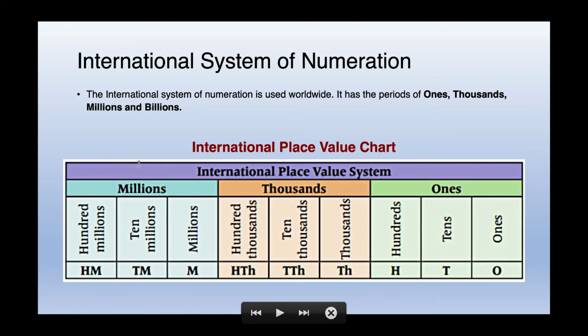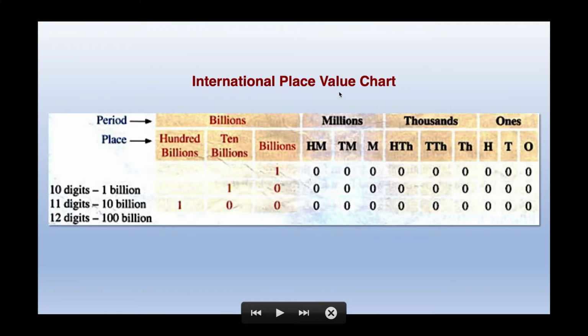Now then we have millions period. In the Indian place value systems chart, we had the lakhs and crores periods. Over here, we have the millions period. And in the millions period, we have the places millions, 10 millions and 100 millions. Now, in this picture, in this place value chart, the billions period is not shown, but over here in this chart we have the billions period.